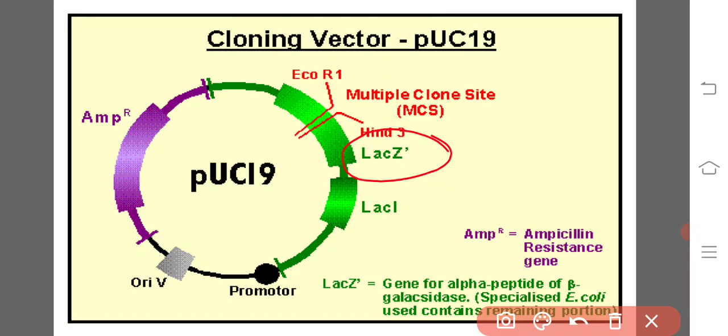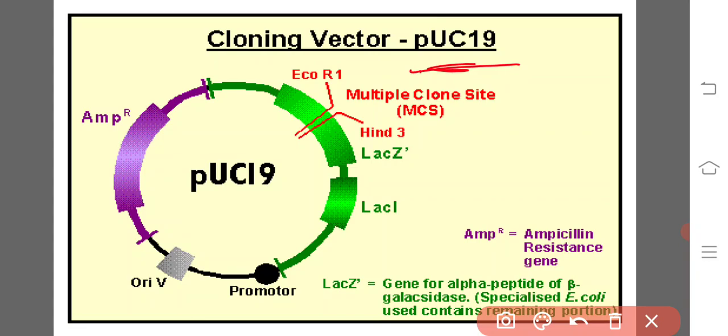It is constructed by scientists of the University of California. UC means University of California. Plasmids were named after the scientists. pBR322 was named after the scientists Bolivar and Rodriguez. This pUC is the name of the university, University of California. The plasmid was constructed in the University of California, and this 19 is the serial number.